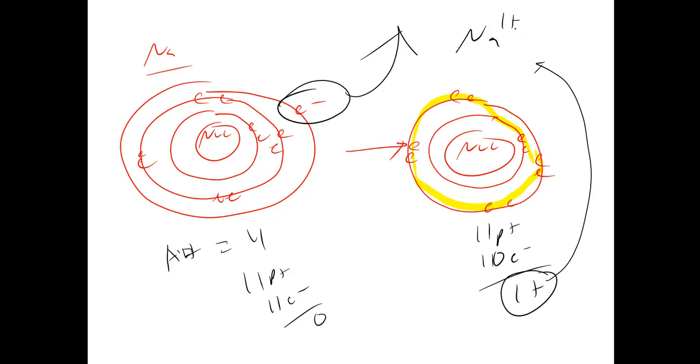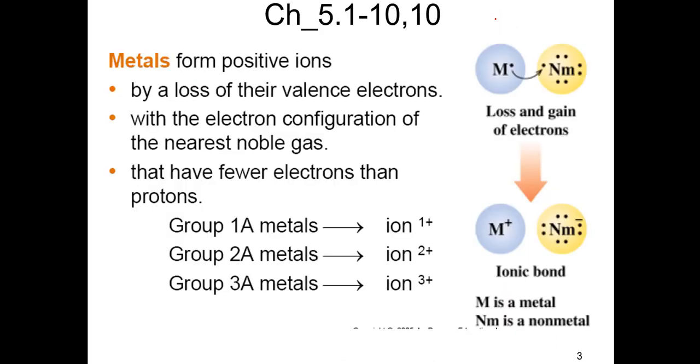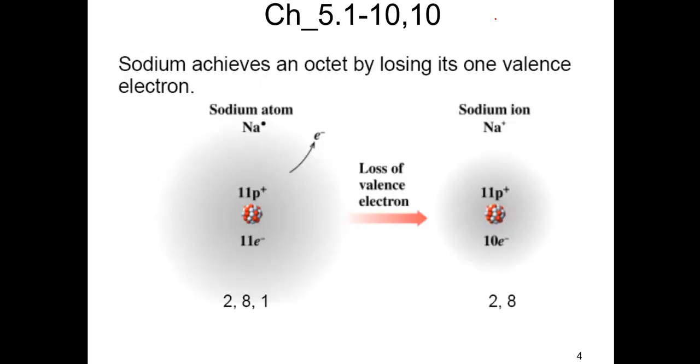Now, 1s can be implied in chemistry as well. So just as the pairs of electrons can be implied, the 1 can also be implied. So Na with a plus charge.